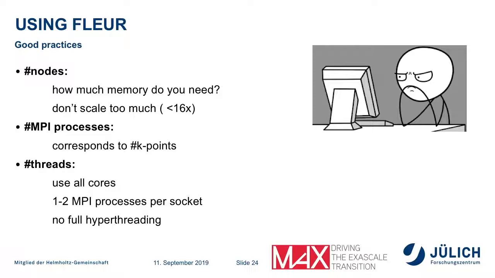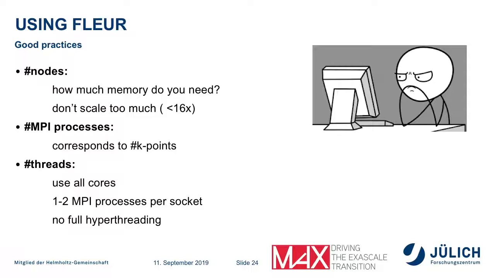So when you use FLEUR, when you start your simulation on a supercomputer, you want to make a decision: how many nodes do I need? How many MPI processes do I start? And how many threads? Right. If you're choosing the number of nodes, it basically depends on how much memory you have on the node, and then you might want to scale it a bit further, but don't do it too much.